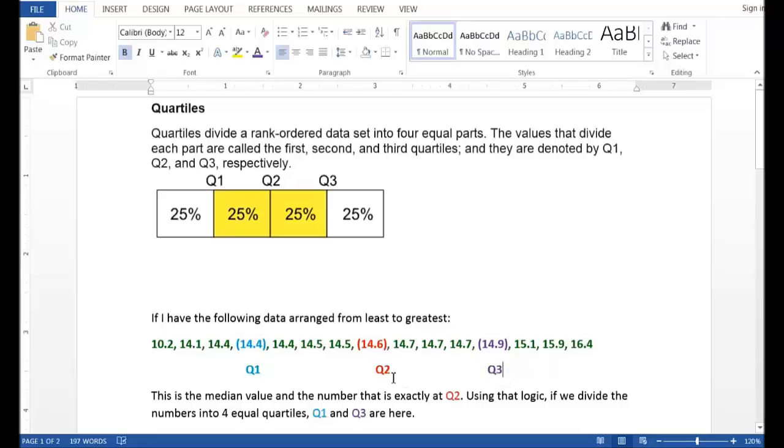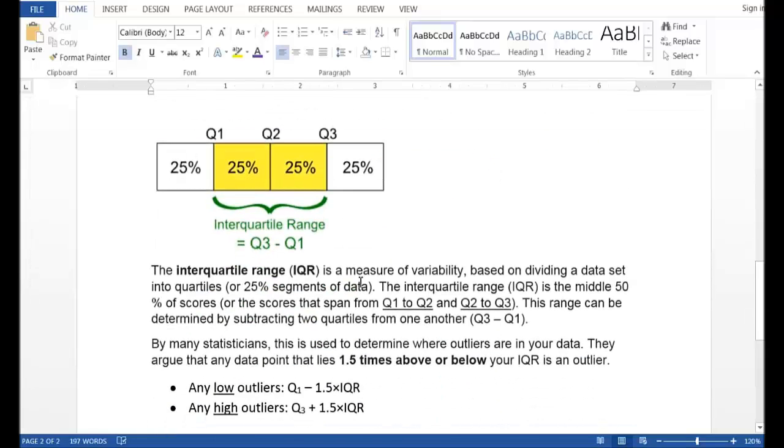Alright, so now that we have all the numbers placed in order, we know where the quartiles are, we know where Q1, Q2, and Q3 are, those little points where the quartiles end. You can now find something called the interquartile range, which we'll label as IQR.